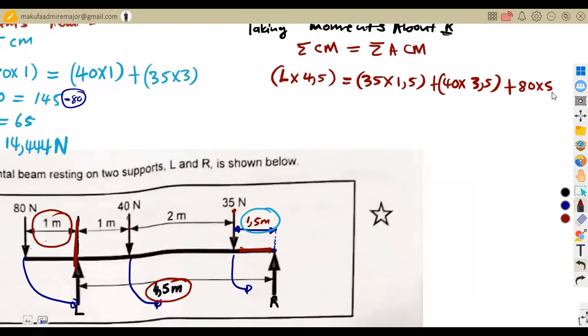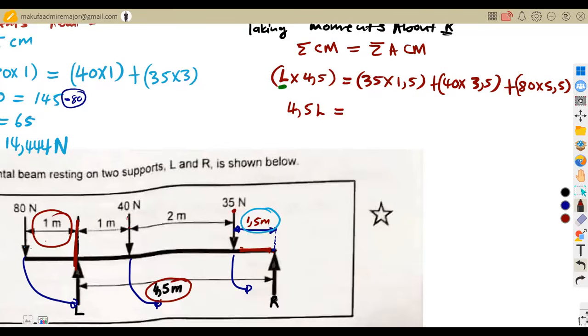All right, so that was the idea of our question like this. So meaning to say here, we just need to combine and calculate the value of L, which is the unknown in this case. All right, so if you multiply L times 4,5, you're going to obtain 4,5 L is equal to, you combine everything on the right hand side.